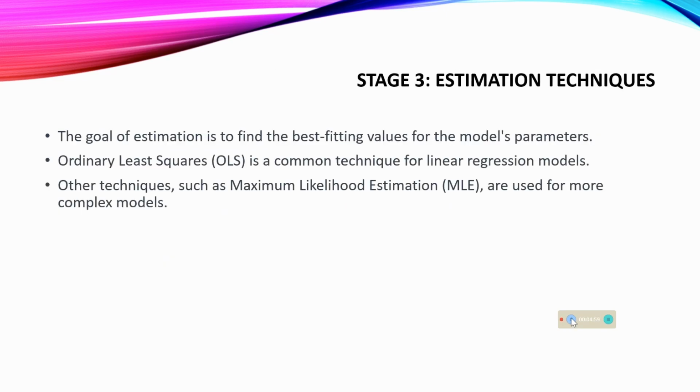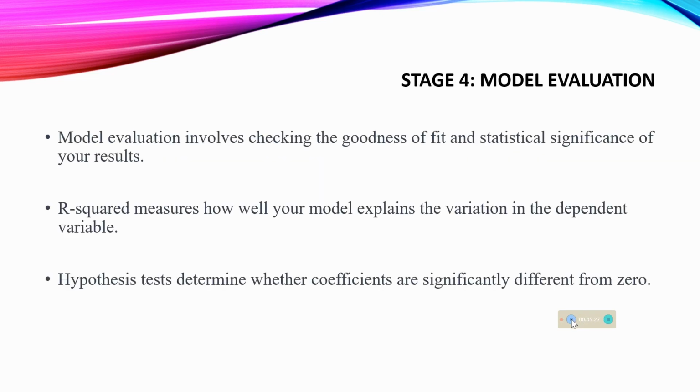Once you are done with the formulation of your model, the third stage is estimation technique. The goal of estimation is to find best fitting values for the parameters of your model. Ordinary least square, also known as regression or OLS, is a common technique for linear regression models, while other techniques such as maximum likelihood estimation are used for more complex models. In fourth stage, model evaluation, we check the goodness of fit, which means we check the extent to which observed data matches the values expected by theory.